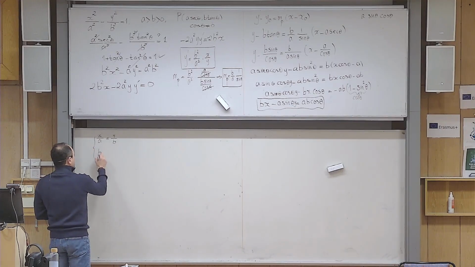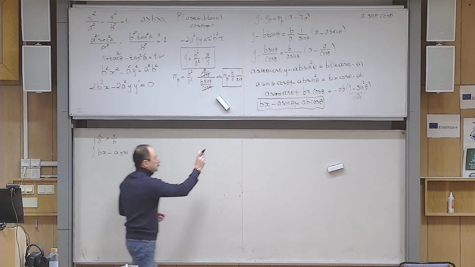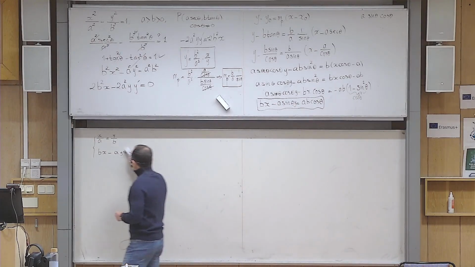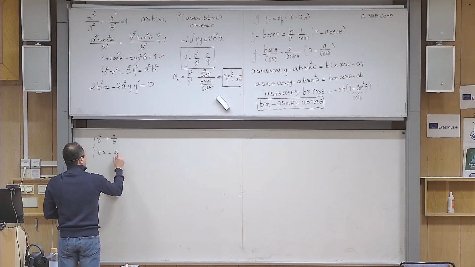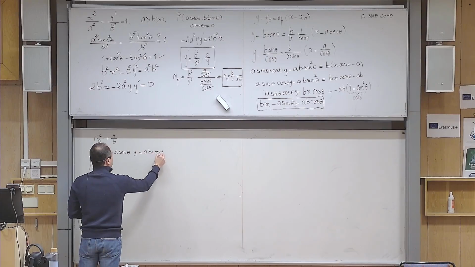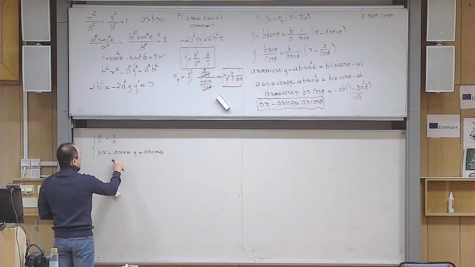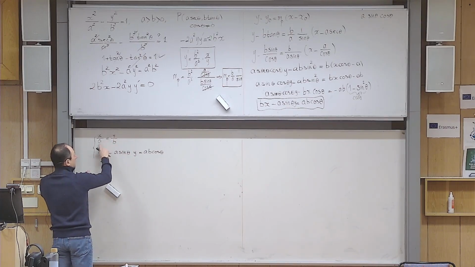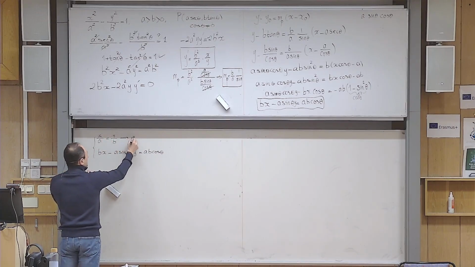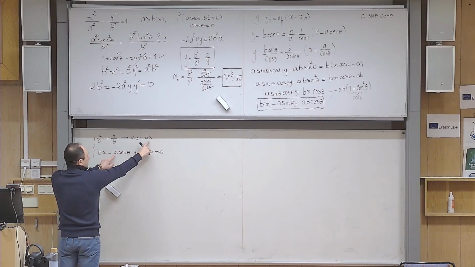So it is Bx minus A sine theta y, or let me write it in that way, maybe it is better: Bx minus A sine theta times y equals AB cosine theta. In order to solve this, for example, I can find that Ay is equal to Bx. So instead of Ay, I can put Bx.